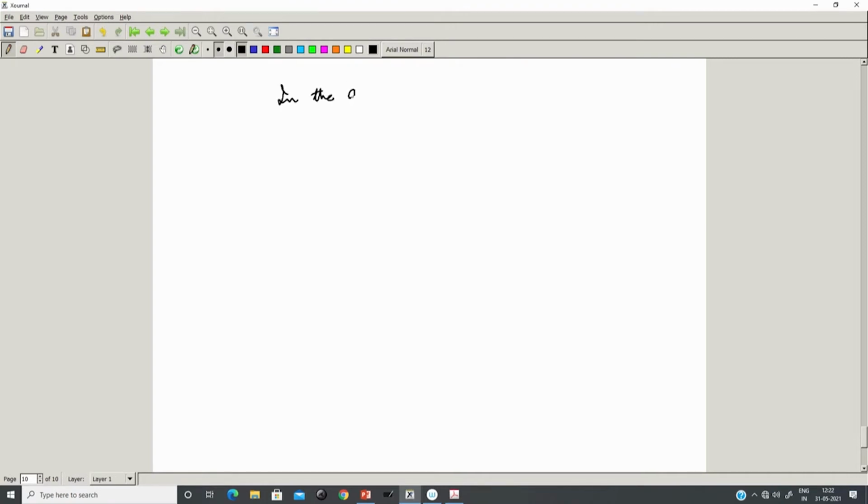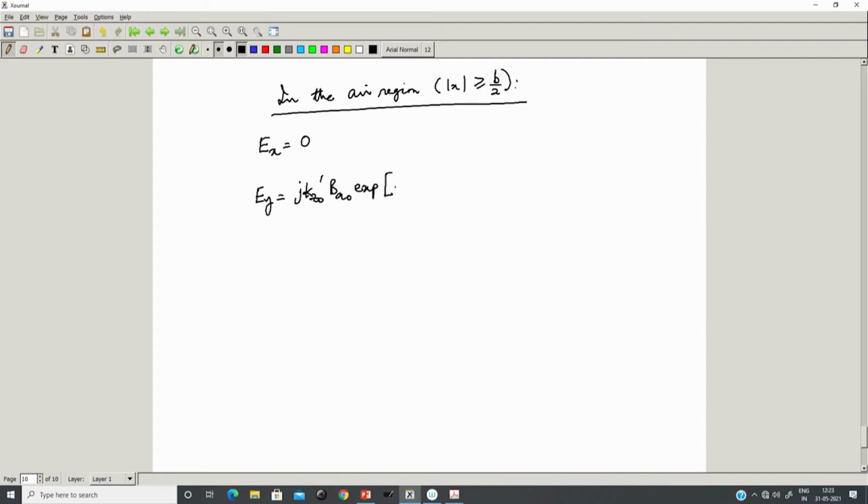Now, in the air region, which is mod x greater than b by 2, we have E x equal to 0, E y is j k z o prime B A O exponential minus p m o prime mod x minus b by 2 cos n pi y by a e power minus j k z o prime z.